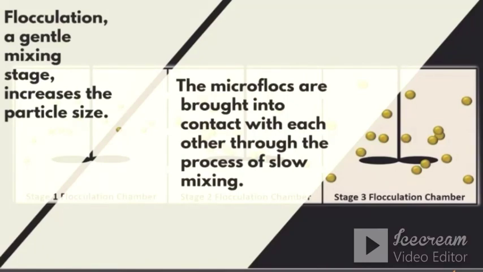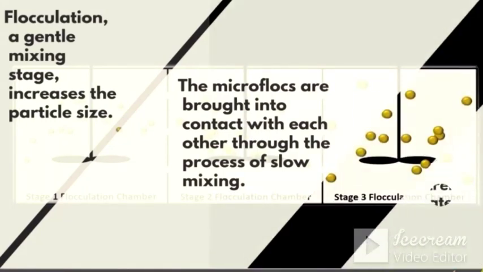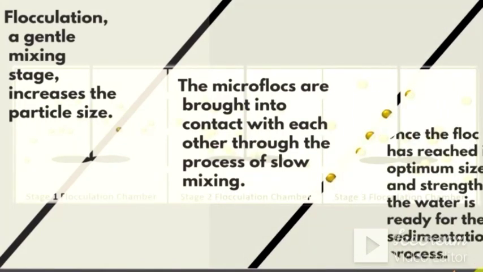Collisions of the microfloc particles cause them to produce larger visible flocs called pin flocs. The floc size continues to build through additional collisions and interaction with inorganic polymers formed. Once the floc has reached its optimum size and strength, the water is ready for the sedimentation process.